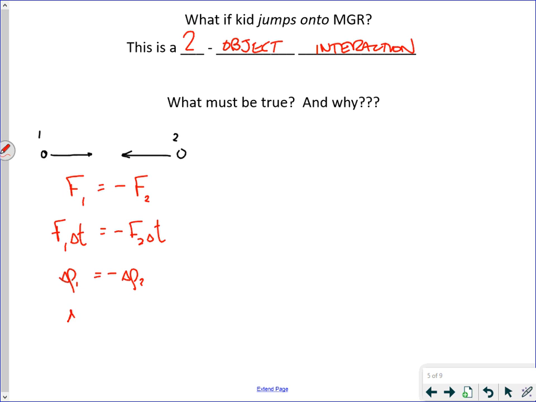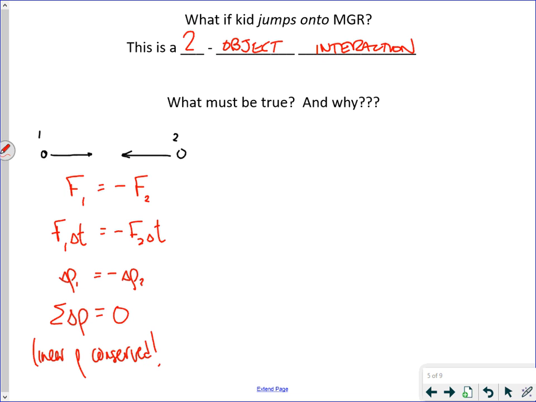And this gives us a way to say that the net delta P is 0. And this says, all right, linear momentum is conserved. If impulses are equal and opposite, changes in momentum are equal and opposite, it means the total change is nothing. And when objects that are translating interact, linear momentum is conserved.